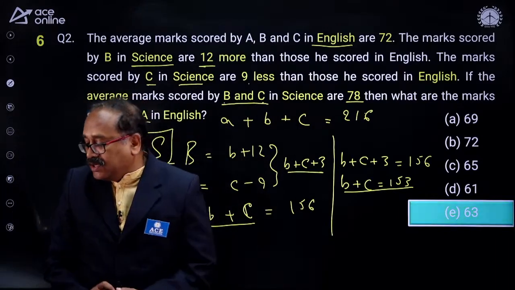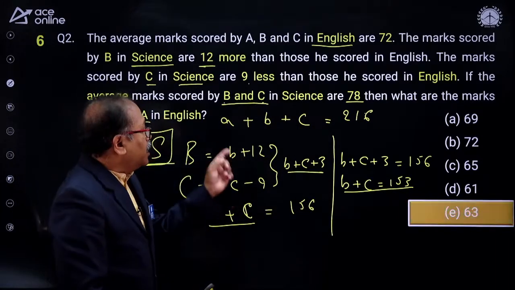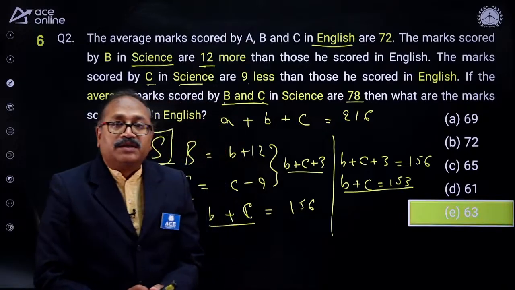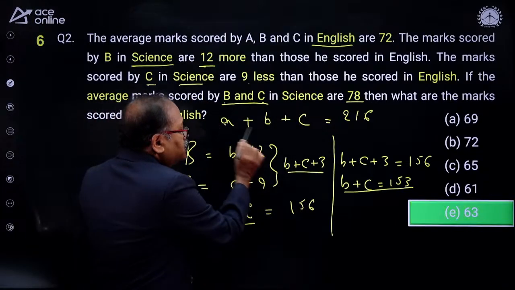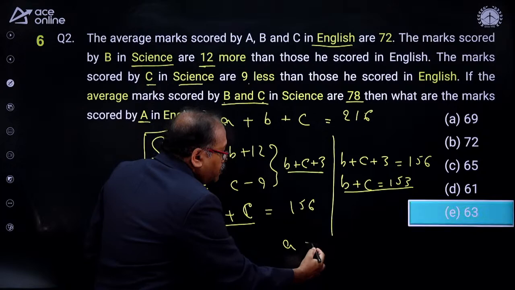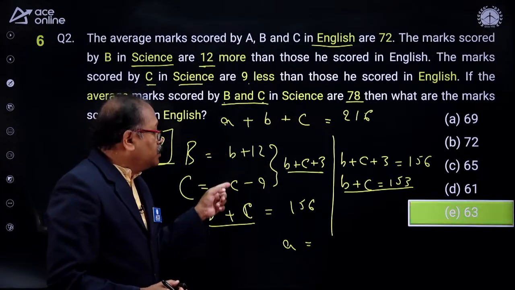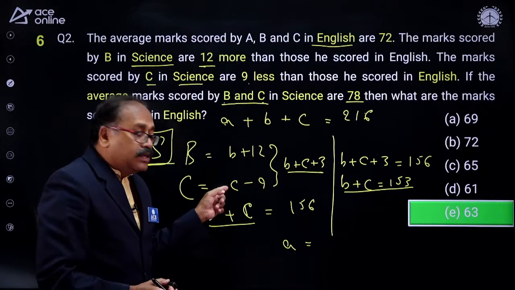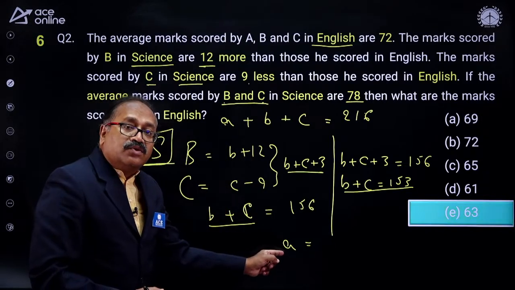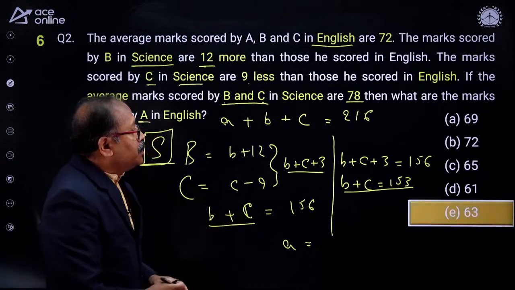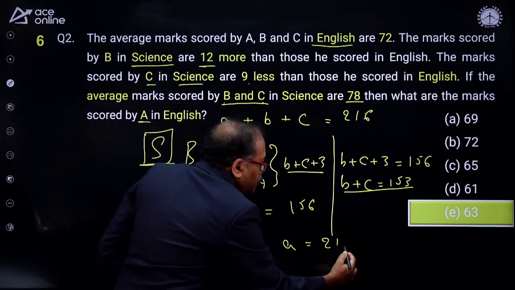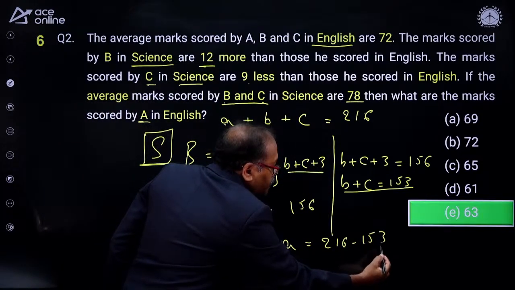So once B plus C is equal to 153 and I know A plus B plus C is 216, then can I find out what is A? So the A will be equal to, because B is the score of B in English, C is the score of C in English, and A is the score of A in English. So what will be A? 216 minus 153.